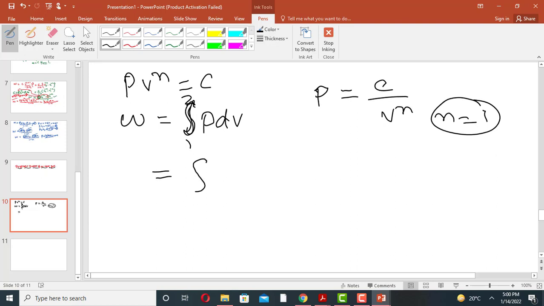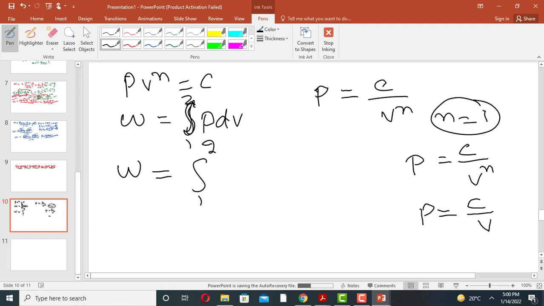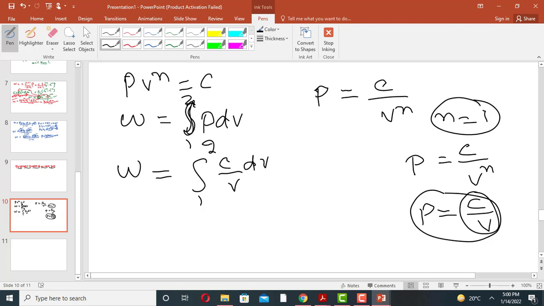So work is equal to the integral from point 1 to point 2, with P equal to C divided by V to the power n. When n is equal to 1, C divided by V will be equal to P. So in place of P we write C divided by V, into dV, and this is called the isothermal work.